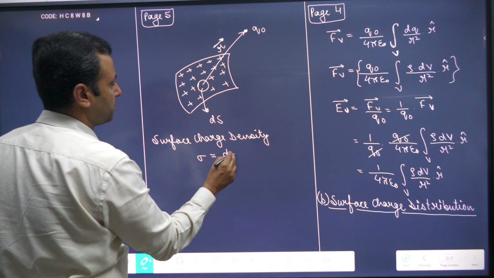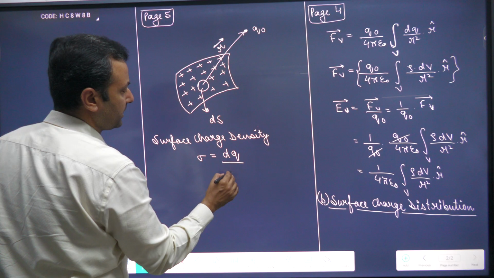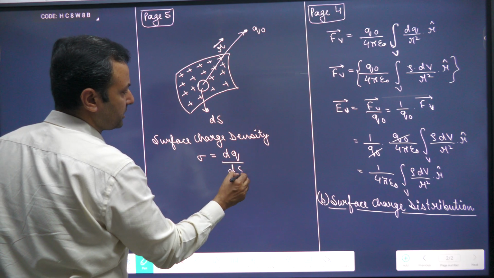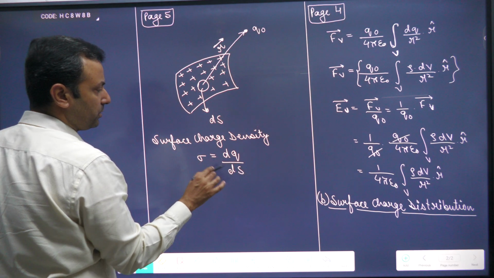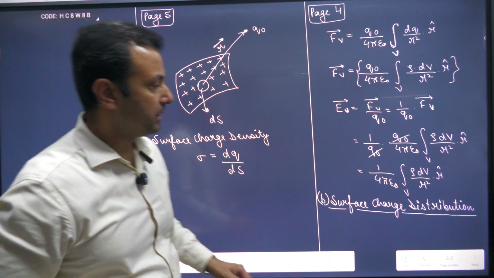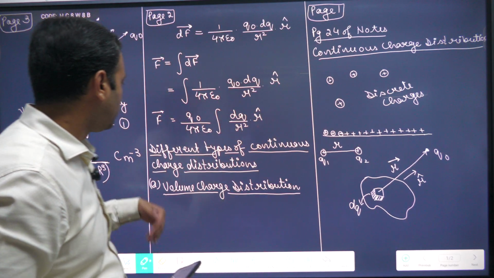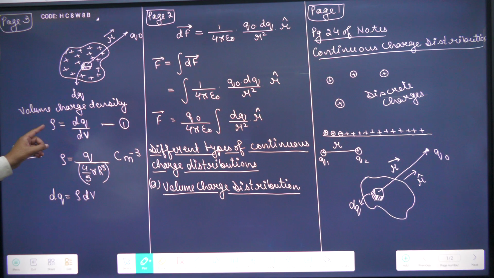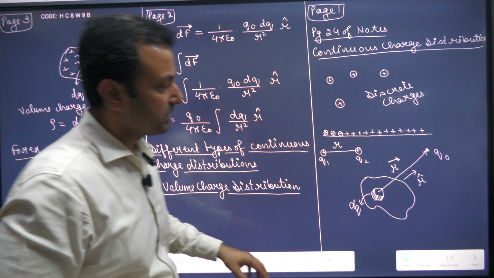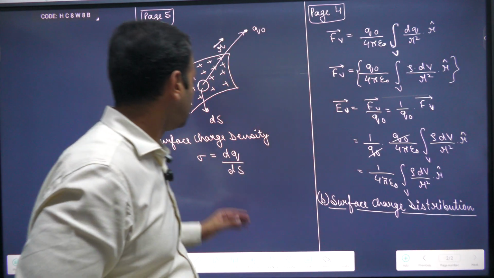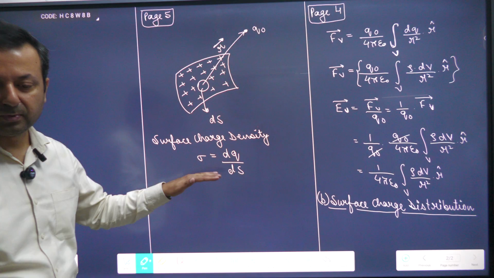So sigma is equal to small charge divided by small surface, dq upon ds. Earlier we saw that volume charge density is denoted by rho and given as dq upon dv. Similarly, surface charge density will be given as dq upon ds, charge upon surface area.